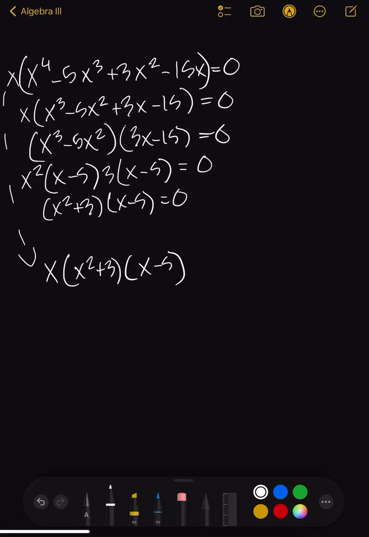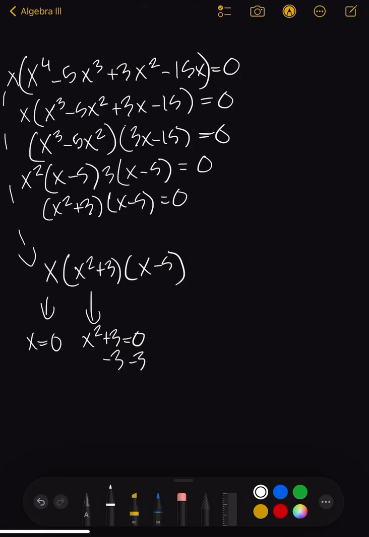from here on, you can actually solve these little factors. So x would equal 0 because it's just x. From here, you can put x squared plus 3 equals 0, and that's typically how you would do it. You would literally just put the factors equal to 0 and then solve from there.